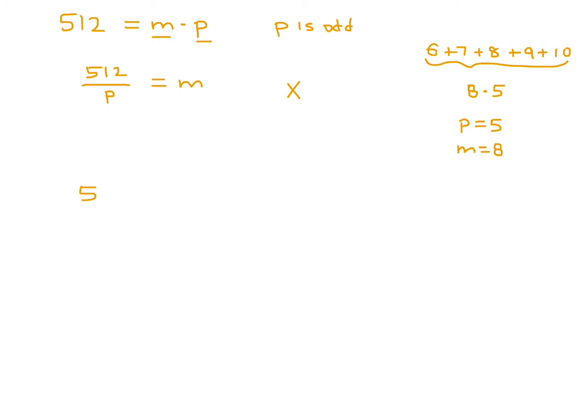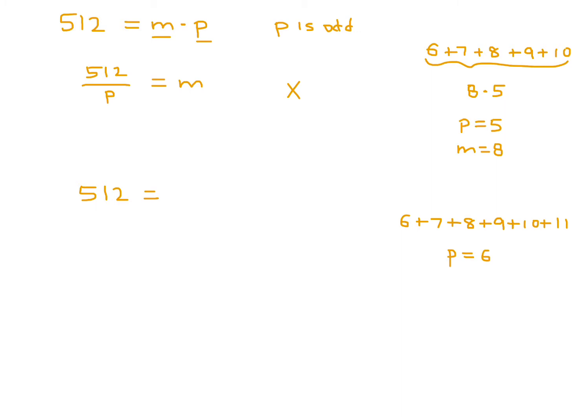So the only other thing that could be the case is that 512 is written as the sum of consecutive integers where the number of integers is even. So for example, like 6, 7, 8, 9, 10, 11, right? That's what? 1, 2, 3, 4, 6 integers. So in this case, we have 6 integers, and in this particular example, P is 6.